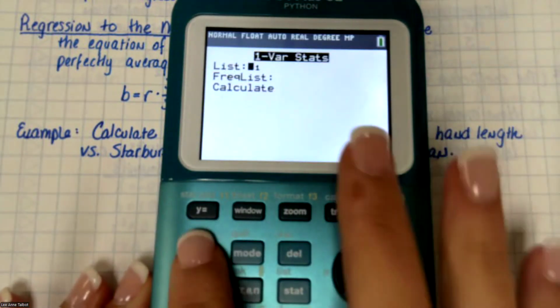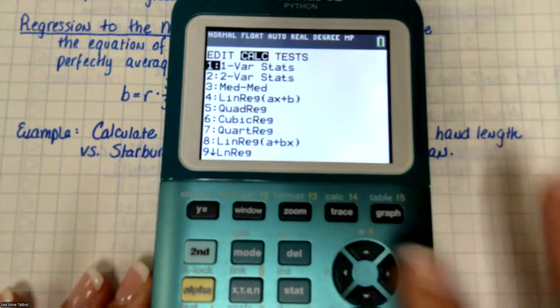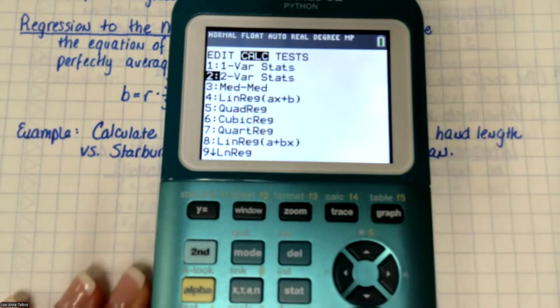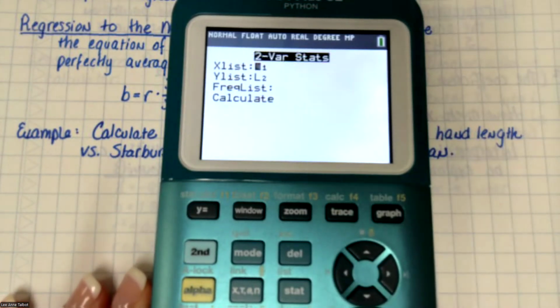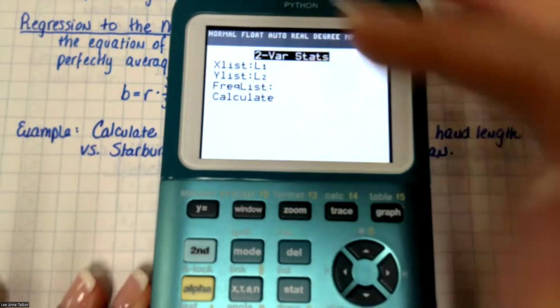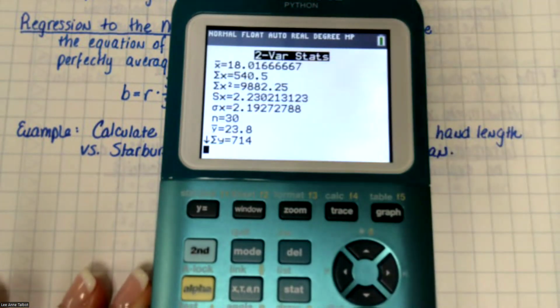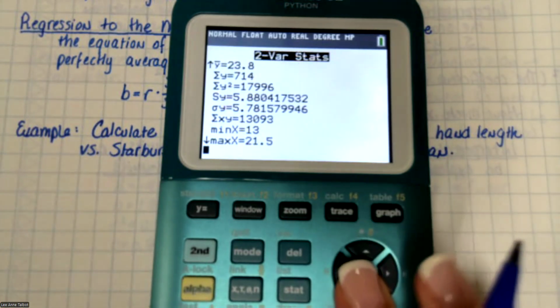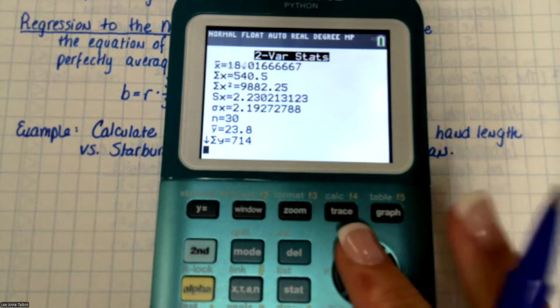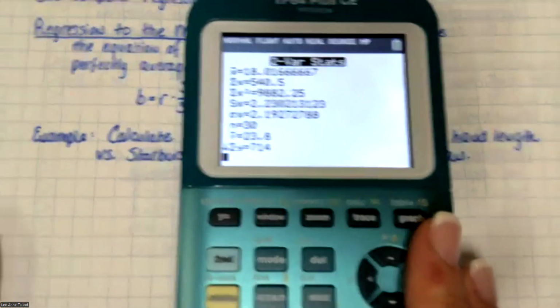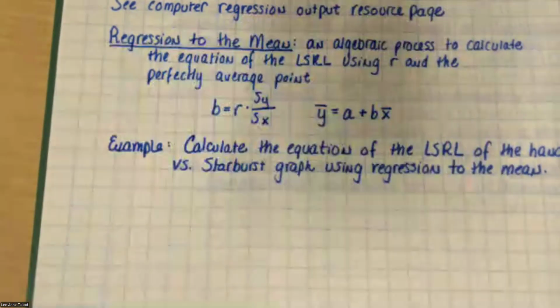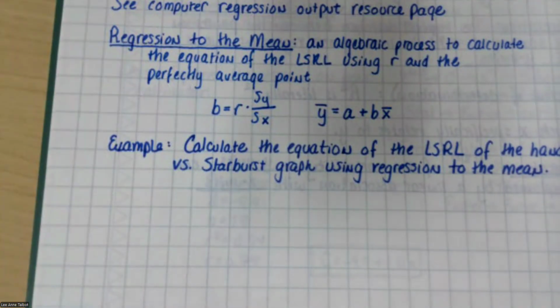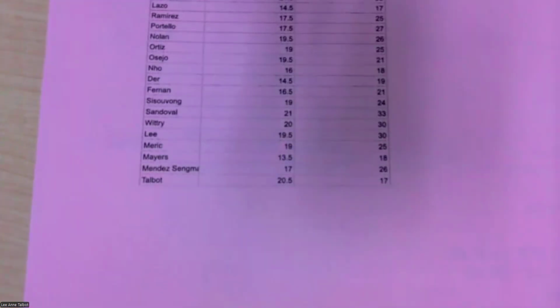I just hit one variable stats. Stat, calc, two variable stats. And then enter. There's one piece missing from two variable stats, but luckily we have it on our paper. So what I want you guys to do is a couple of things. I want you to come here to the bottom of this.